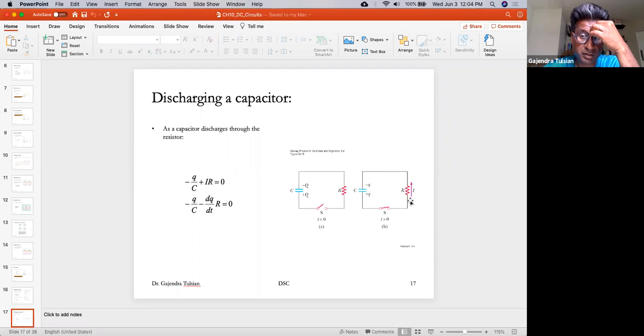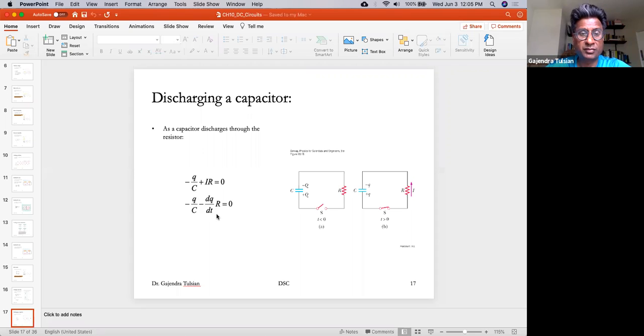When you're going against the current, it's plus IR, except that I = dq/dt is negative because the capacitor is discharging. So minus of minus dq/dt will give you a plus I. So there is the plus IR. There is the differential equation describing the behavior of a discharging capacitor through a resistor.